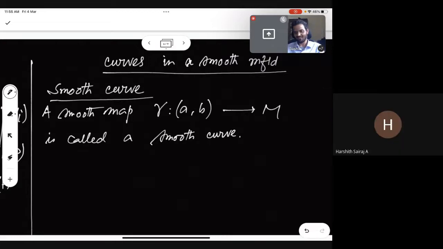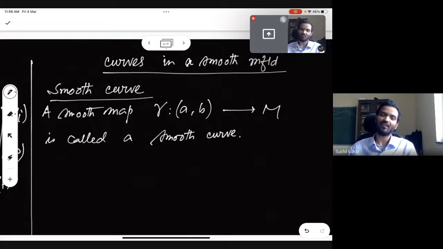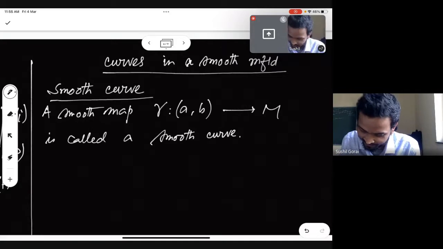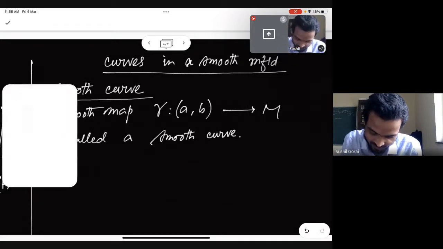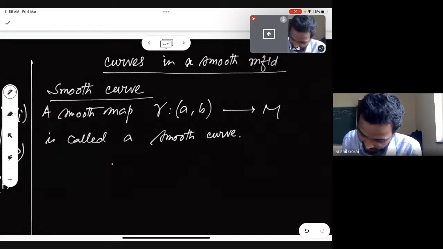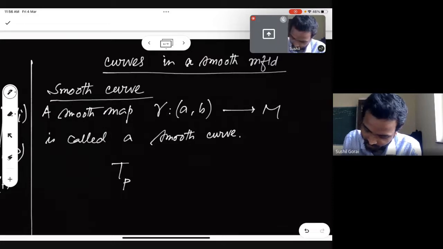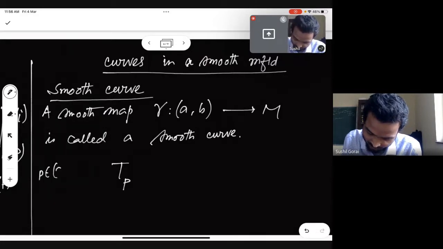So what is it? That makes sense: d by dx. If you consider the coordinate as t, then d by dt. You always do dy dt or dy dx. So take p belonging to the interval AB.